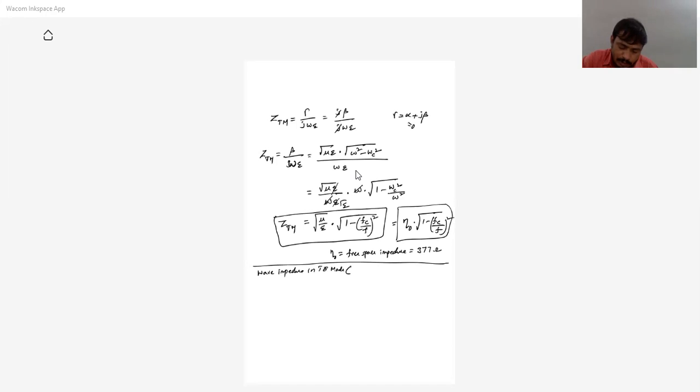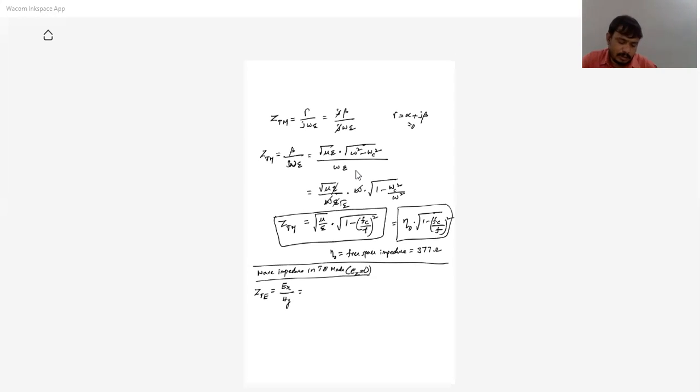The TE mode, we already know Ez is equal to 0. So in the same formula you can keep ZTE, that is Ex by Hy. What is the Ex value?